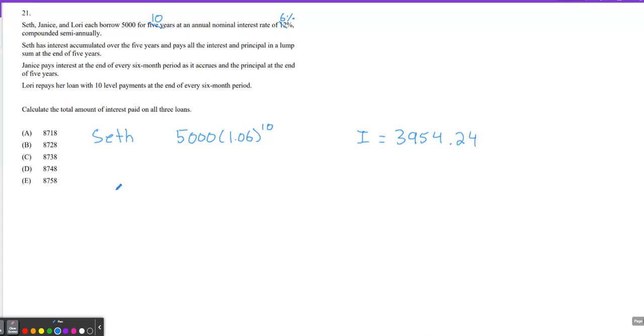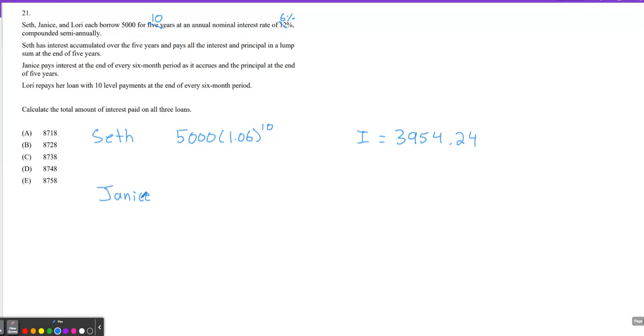Then we have Janice. So Janice pays the interest at the end of every 6-month period and then pays the principal at the end of 5 years. So she's going to pay the same amount as the loan balance, basically, if you want to think of it in terms of loan balances. Okay?